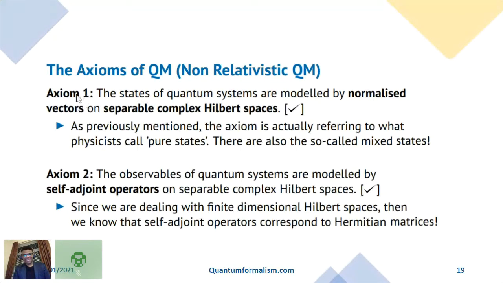So anyway, leaving that aside, the states of a system, maybe I should have removed quantum system, but let's just keep it in the context, are modeled by normalized vectors on separable complex Hilbert spaces. We already know what separable complex Hilbert spaces are, and in fact my friend also called attention to this, he was right, this is not quite right in a way, but we can ignore this for now.